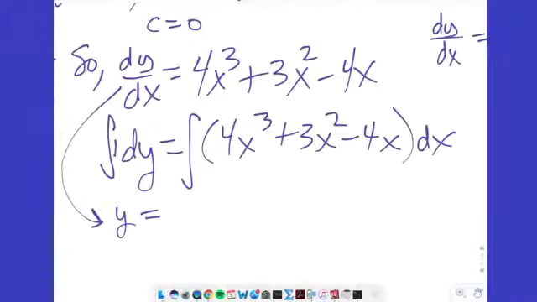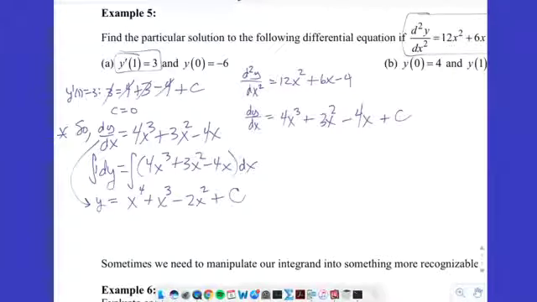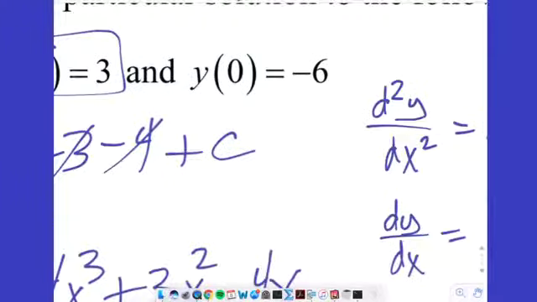Now, on the right side, we'll anti-differentiate again. And 4x cubed becomes x to the 4th. 3x squared becomes x to the 3rd. And 4x becomes 2x squared plus another c. We can reuse c because the first c is already solved for. And now we have information that satisfies that function given to us up here. y of 0 is negative 6.